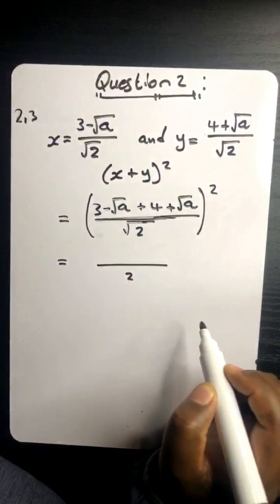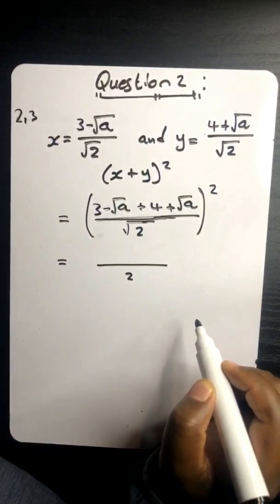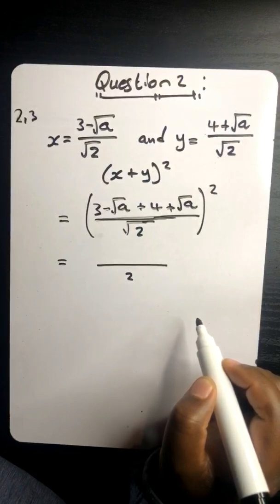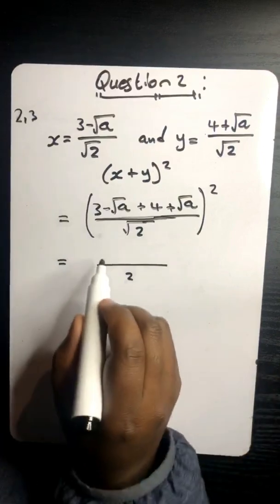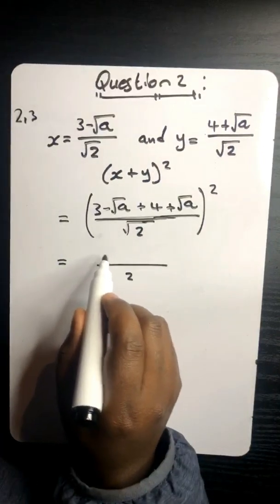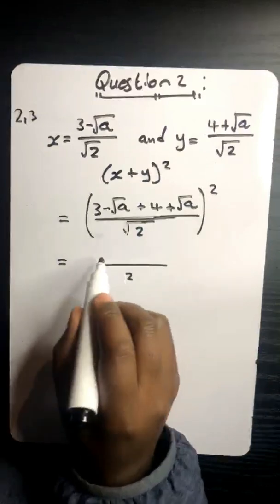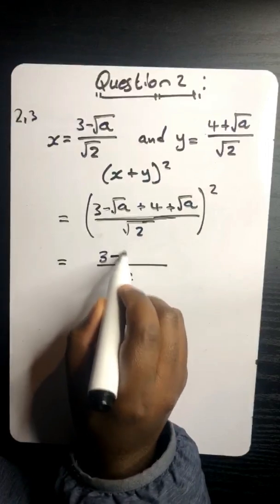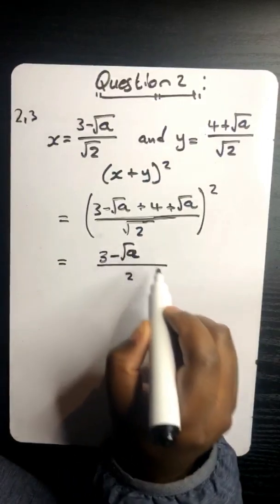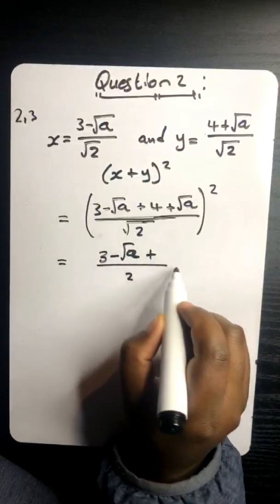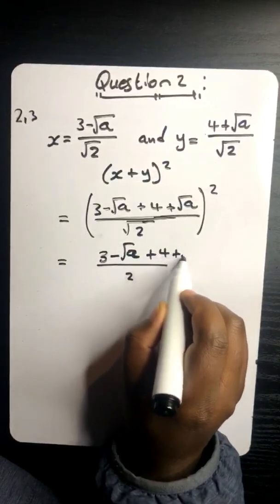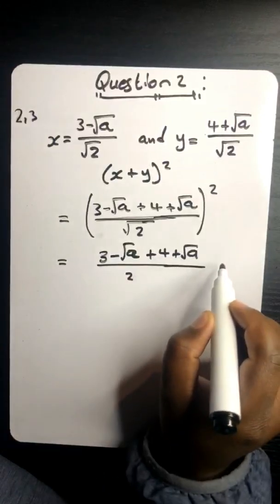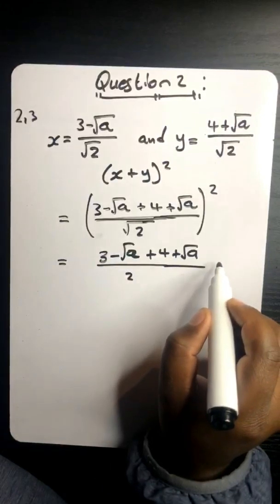Okay. And then, can I put the numerators both in brackets but times 2? So 3 minus square root of a, plus 4 plus square root of a, and then it's squared in brackets.